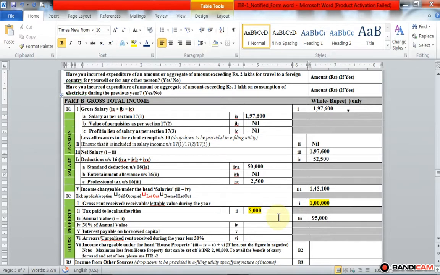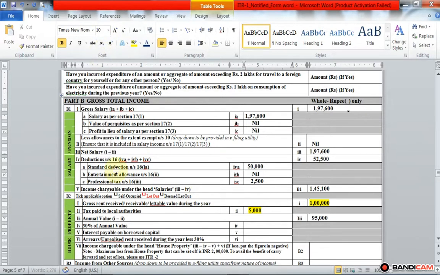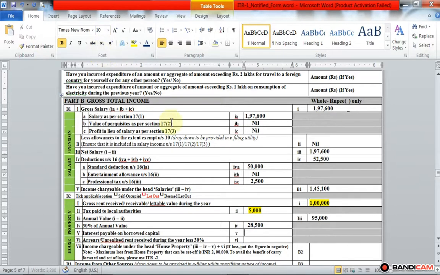Now we compute 30% on annual value. So here 95,000 multiplied by 30%, that is 28,500. Then interest: interest is not given, so interest on borrowing of loan is nil.